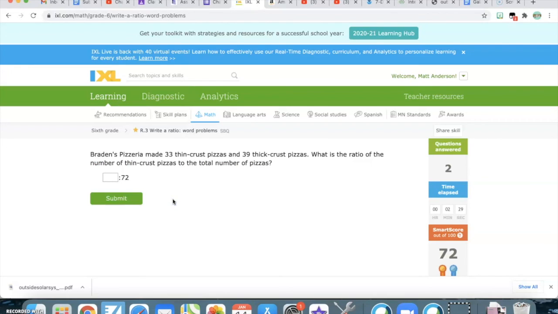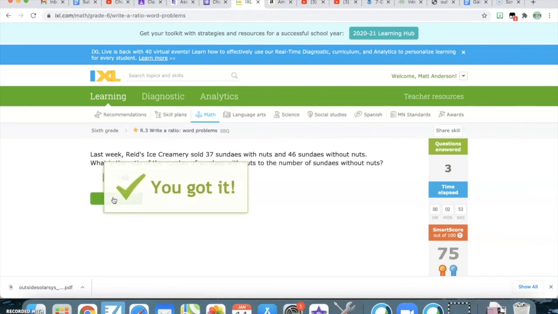Push pause, and when you think you have it, push play. So as you can see here, they already have the second number. They added those two for you, which means it's just asking the number of thin crust pizzas, right? Thin crust. And thin crust is 33, it says right here. 33 thin crust pizzas. Boom.